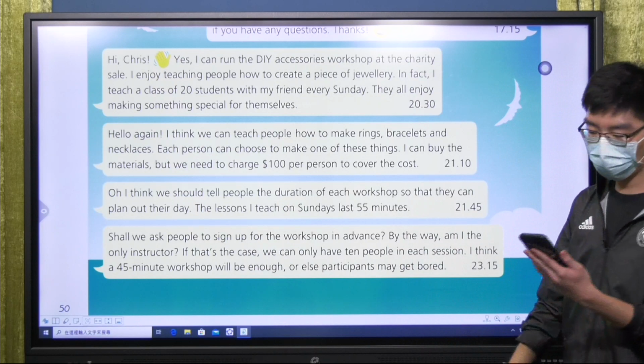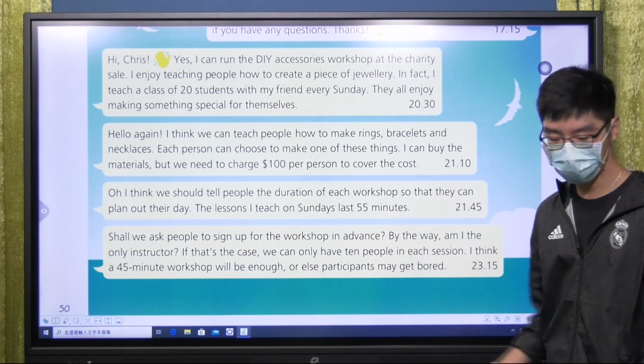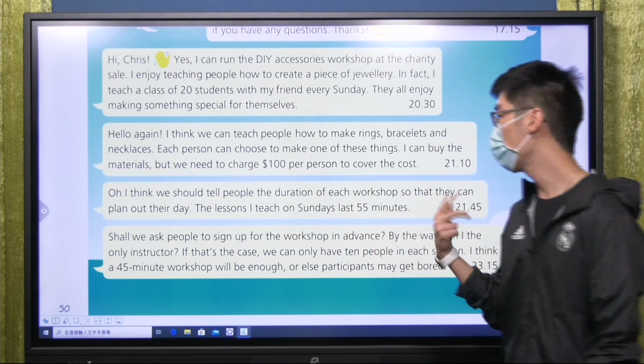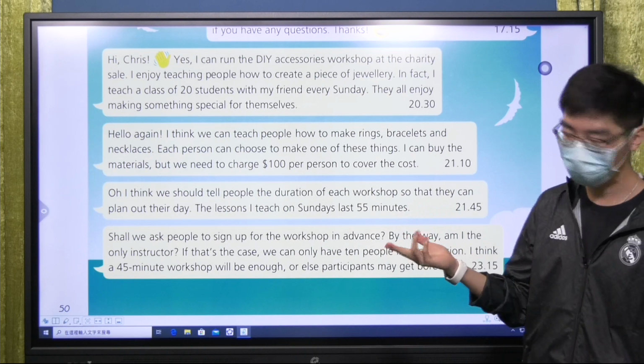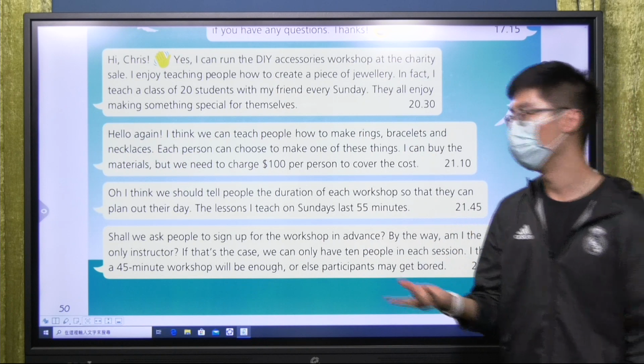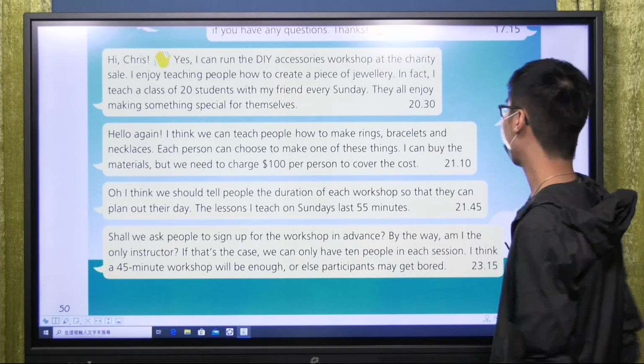So here we need to notice the name, and then the amount of dollars we need to spend to join the workshop, and then how long it lasts, and then how many people can join. So that's why I marked that down before.